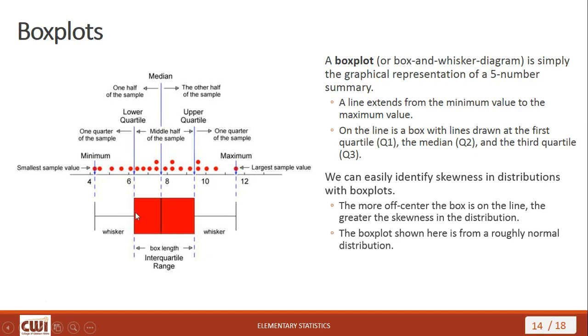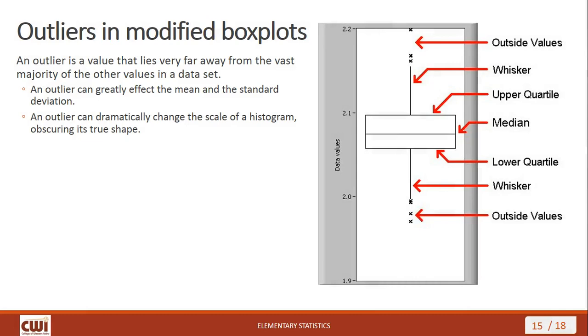Whereas if this is more centralized, then we know we have something that approximates a normal distribution. So the more off-center the box is on the line, the greater the skewness in the distribution.